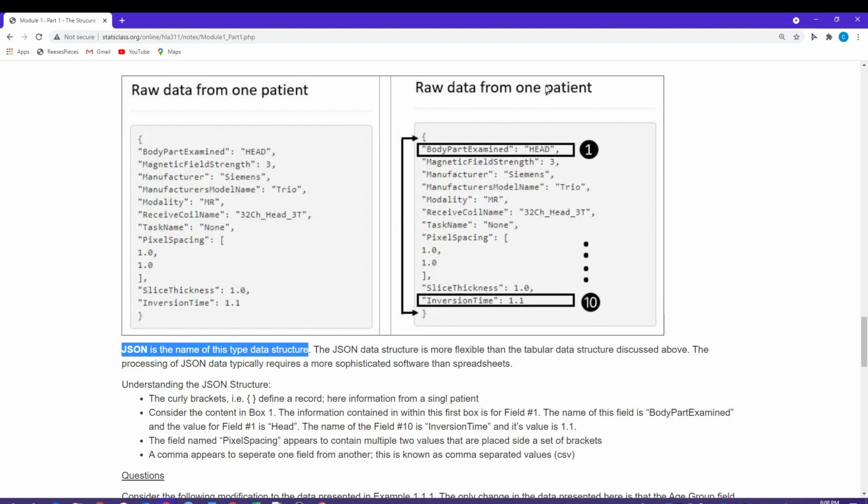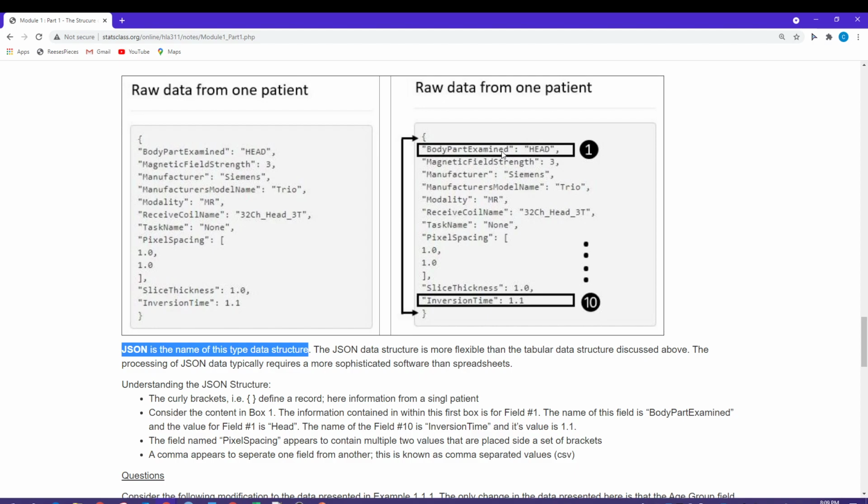So this is data just from one patient, and the information for this patient is contained within these curly brackets. So these curly brackets here will identify a record for me. So here a record would just be the information from a single patient. So next let's look at the information here in box 1.